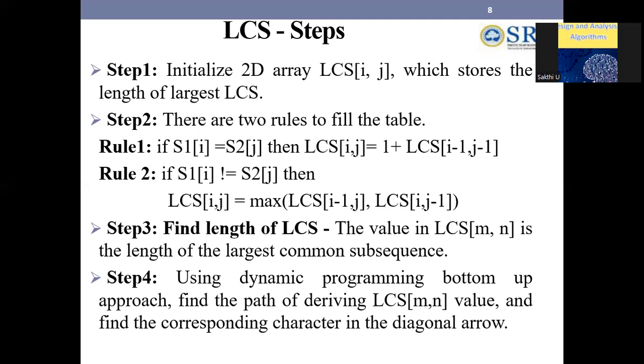So the output is the length of the longest common subsequence and the common subsequence between the two strings. The value in L of m comma n is the length of the longest common subsequence, and the string is derived by the bottom-up approach.